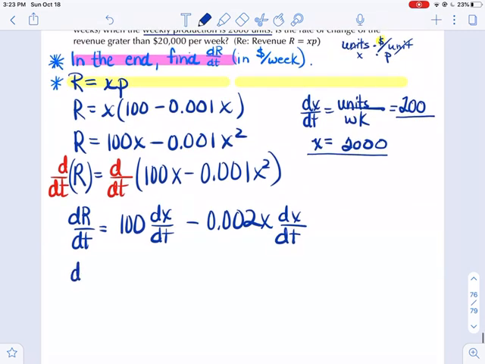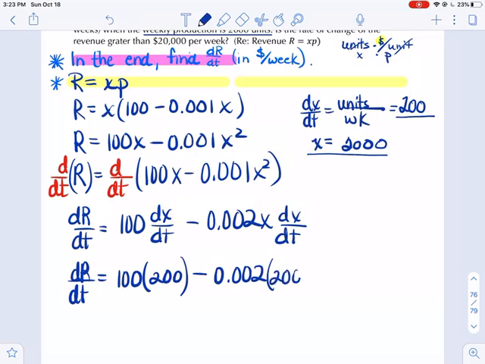Okay, so now we want dR/dt. So we got dR/dt is equal to 100 times dx/dt, which is 200, minus 0.002 times x, which is 2,000, times dx/dt again, which is 200.